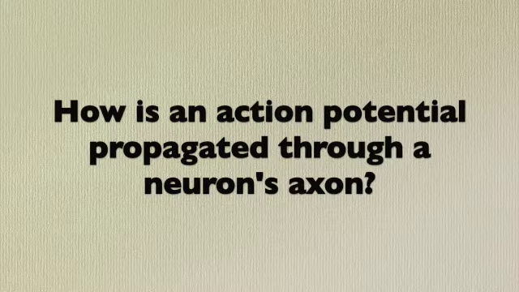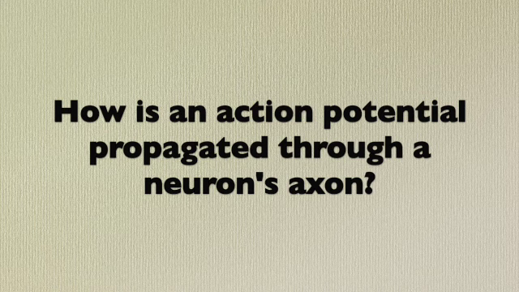How is an action potential propagated through a neuron's axon? First and foremost, propagated means to spread widely, and in this context, the effects of an action potential spread down a neuron cell's membrane, specifically down the membrane of the neuron's axon.